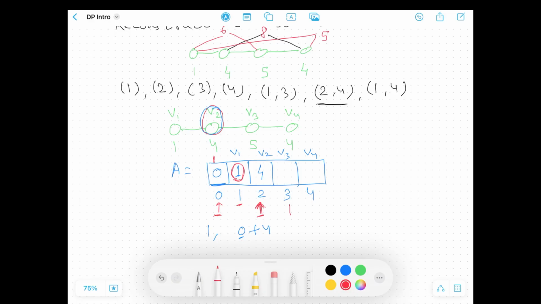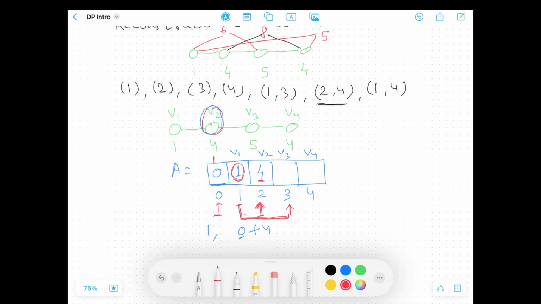Okay. Same, if now we want to put a value here, the maximum we have seen so far, then it could be either 4, which is the previous. This value is going to carry forward to vertex 3 index, or it could be the sum of these two, right?